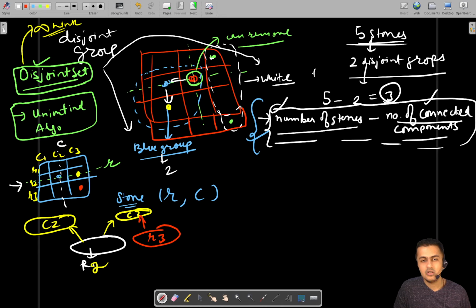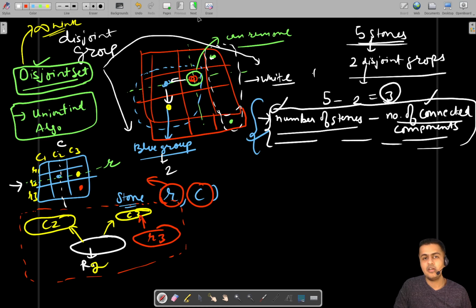So there can be different configurations like this. If you take them as a single group, by combining the rows and columns this way, considering them as separate identifiers and grouping them together, you can group stones together. In a way, the stones just came together as a single group.